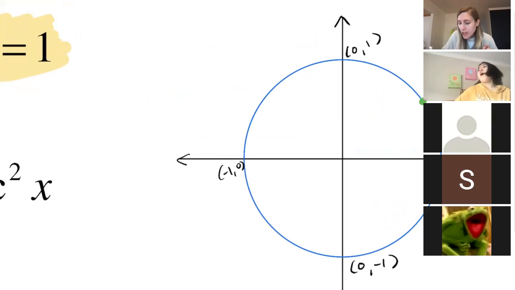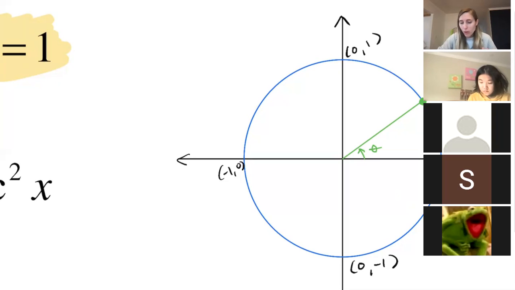That point, you guys know, can be described as (cosine theta, sine theta), where this is the angle theta. This is how we use the unit circle as a reference to evaluate trig functions for angles that lie on the unit circle.